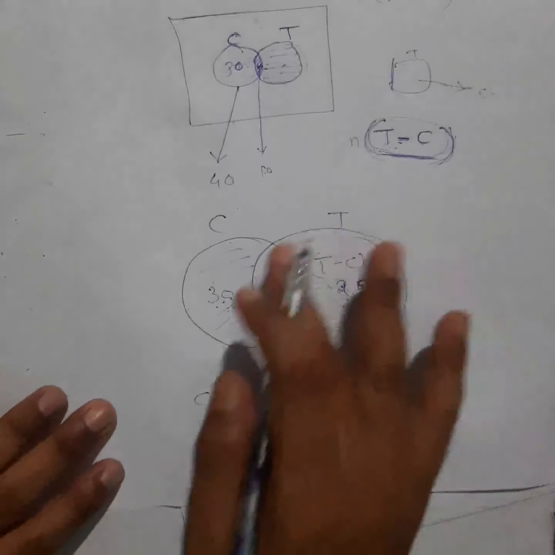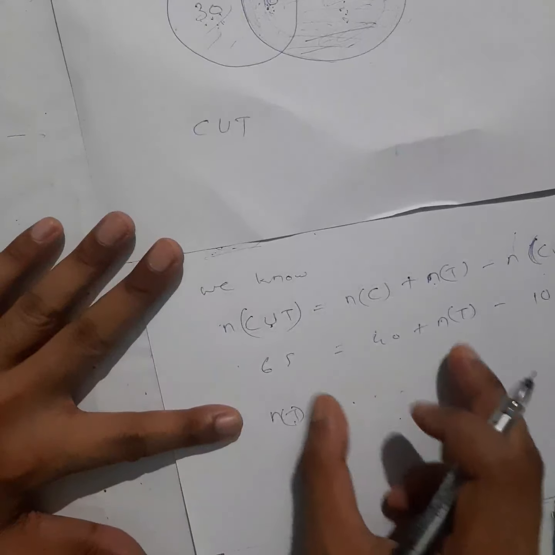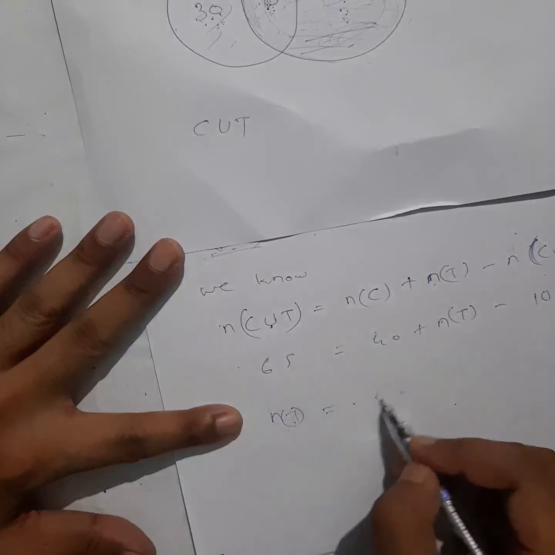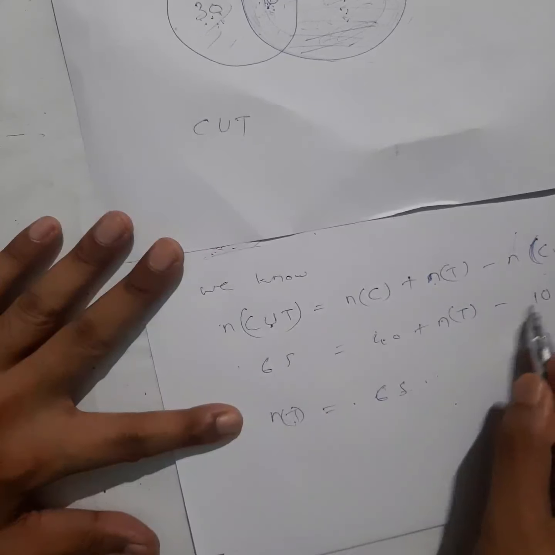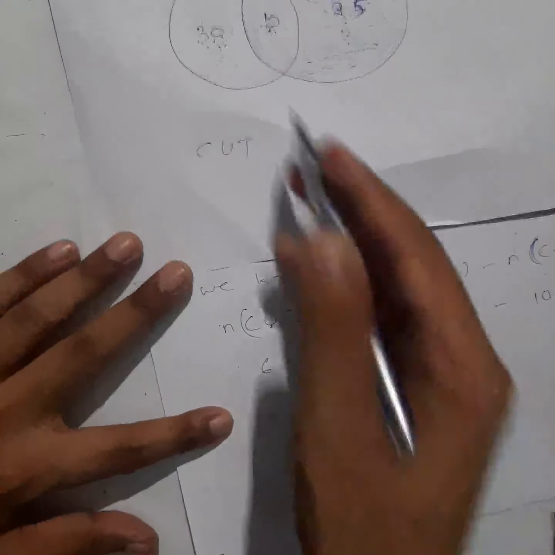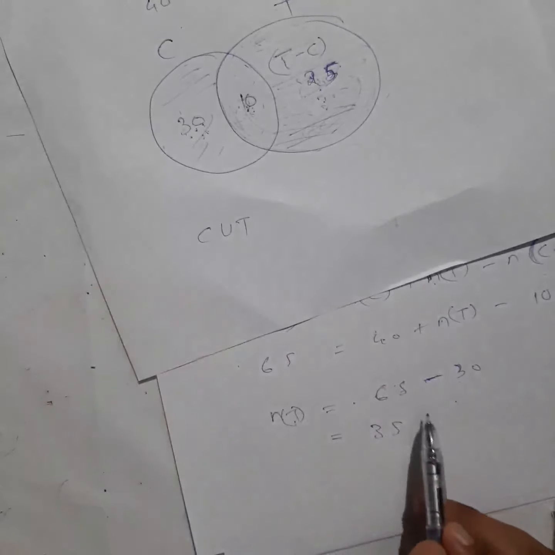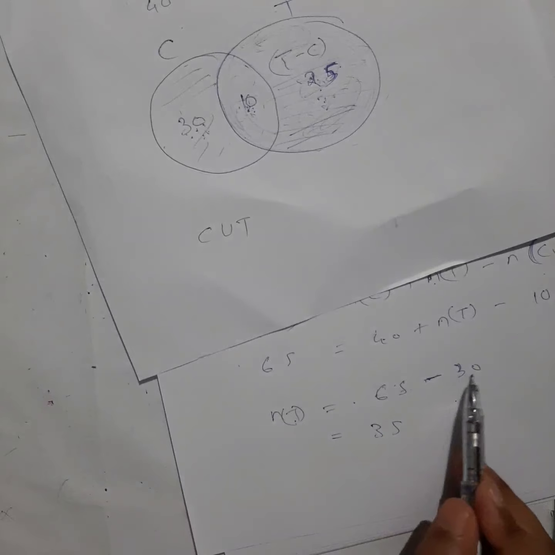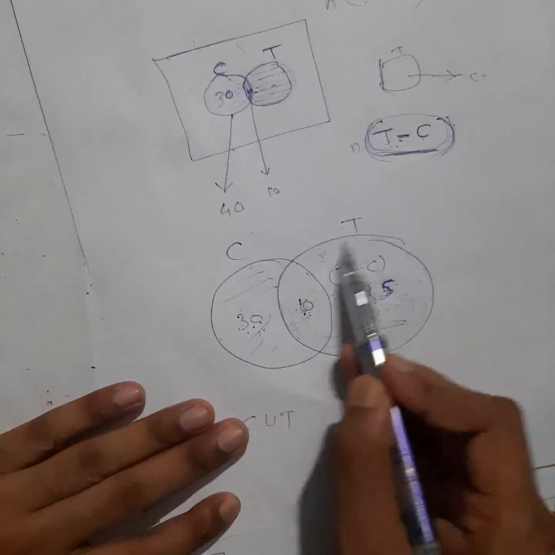That's why I said the Venn diagram makes it easier to find. Find this portion yourself, solve it and find out what it will be. 65 minus 40 minus 10 will be 30. So it will be minus 30 here. According to this, you can see 25 plus 10, you can find from there also, right? It will be 35. 65 minus 30 will be 35. So from here also you can find the number of people who like tennis.